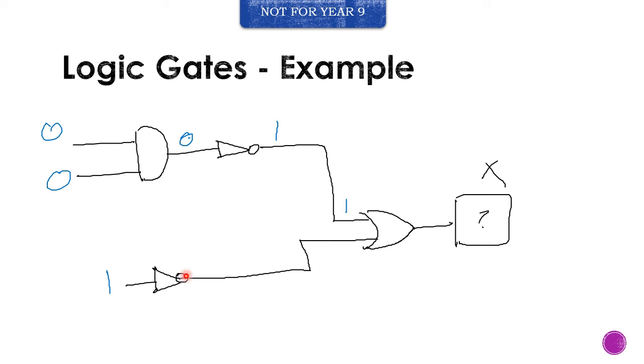The 1 on this NOT gate gets reversed, so now it's 0. And then it moves through, and it reaches this spot, so it's still 0. 0 and 1 on an OR gate, so it's 0 or 1, so it's 1. Which means X is actually 1. Which means whatever you put here is going to turn on. If it's an amp or an alarm or anything, it's going to turn on.